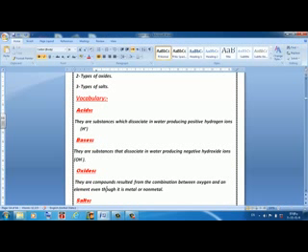Oxides are compounds resulting from the combination between oxygen and an element, whether it is metal or non-metal.